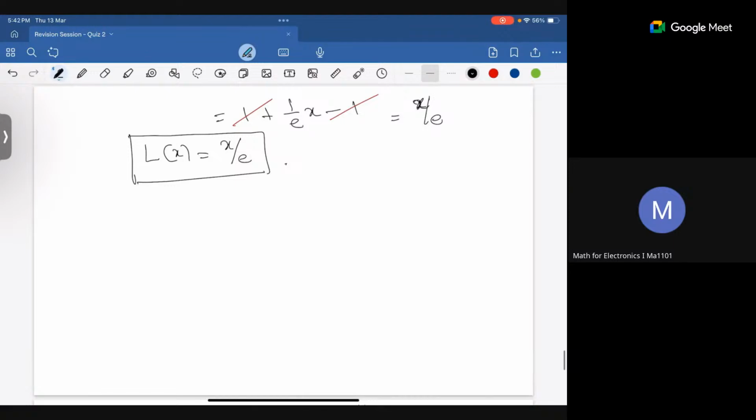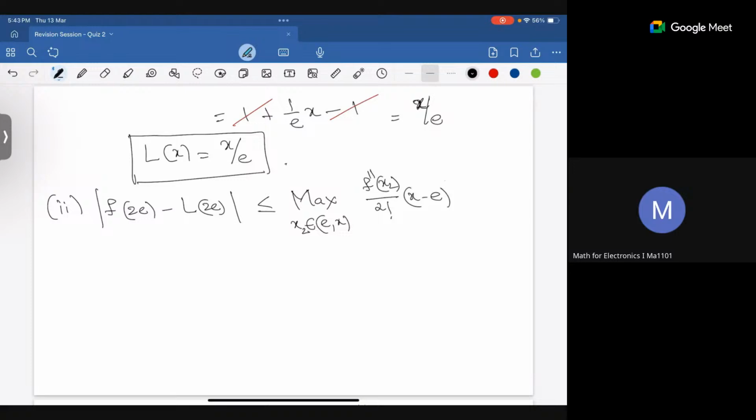We know that the maximum possible error is the max over some point x2 in the interval e comma x of the absolute value of f double prime of x2 divided by 2 factorial times x minus a, where a is the point we are considering here, which is e, whole square.